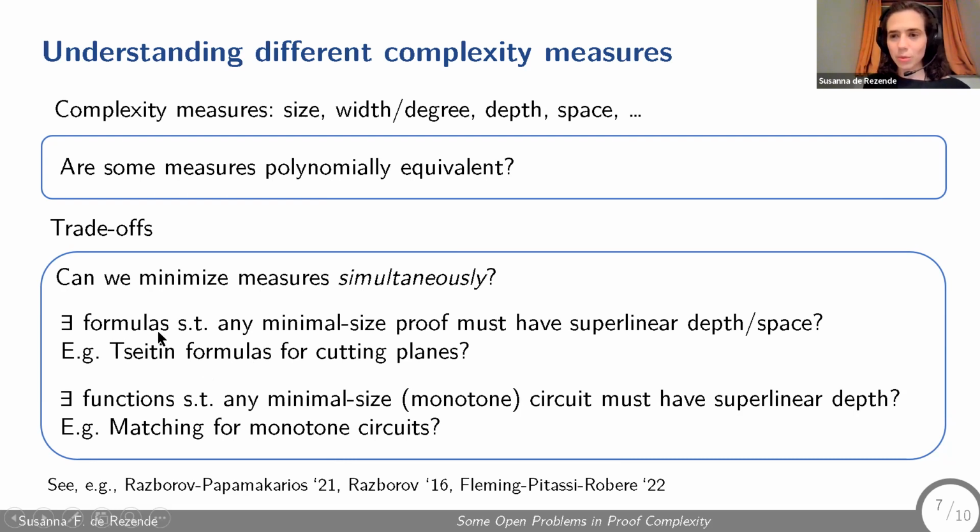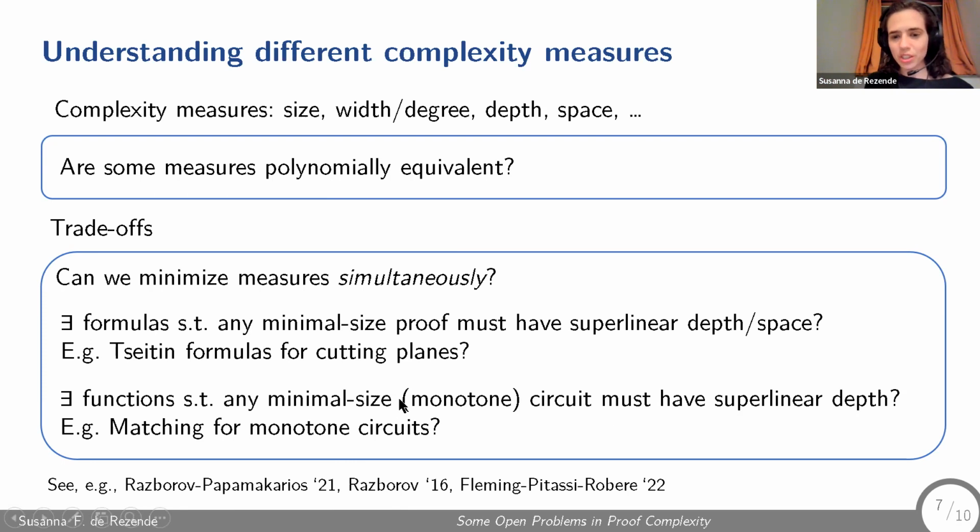But this quasi-polynomial upper bound also has quasi-polynomial depth. So is it the case that any quasi-polynomial size proof of it actually requires superlinear depth? This is not known.